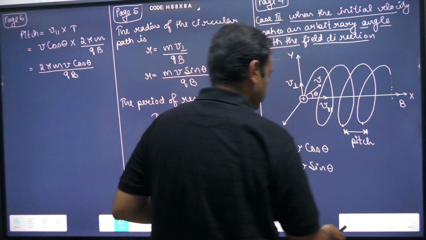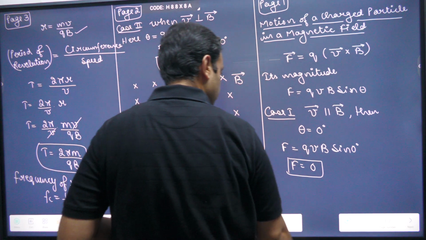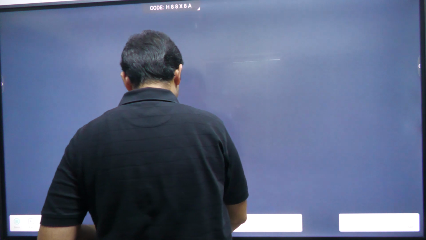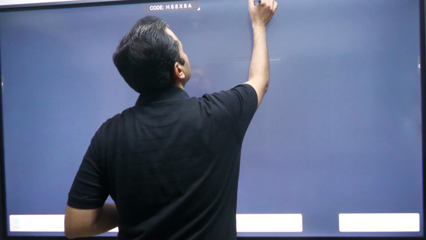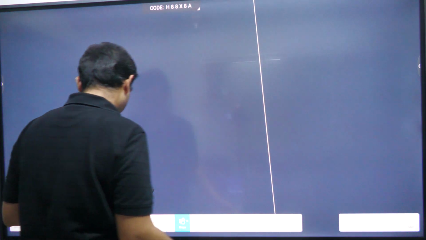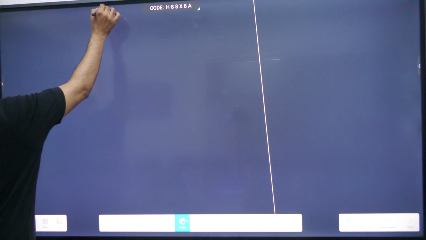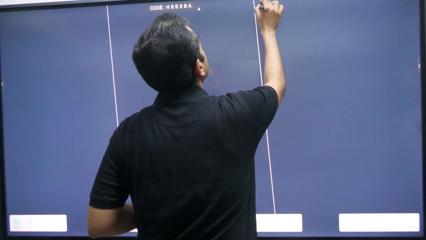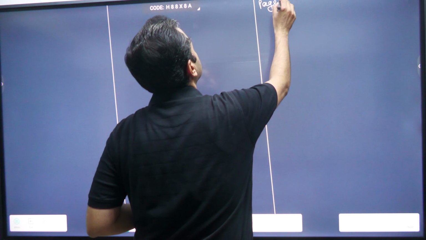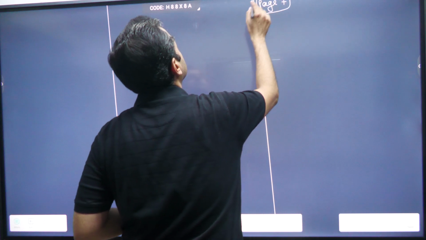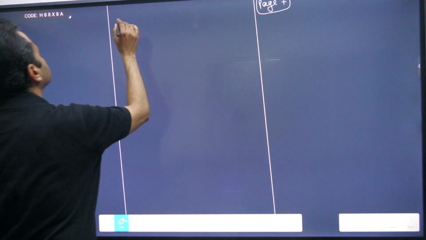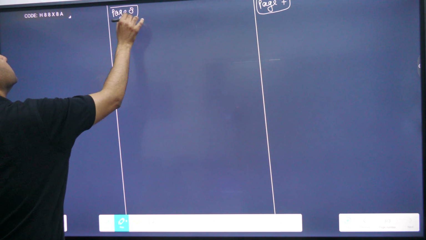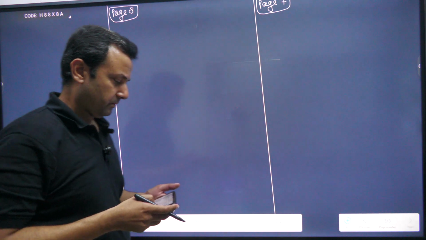Let's move on to the next slide. Velocity selector.